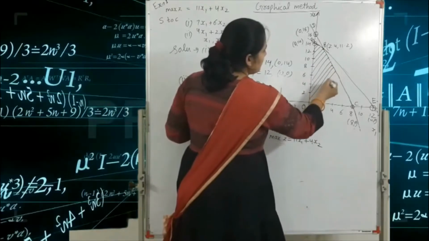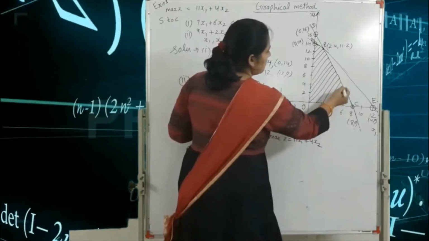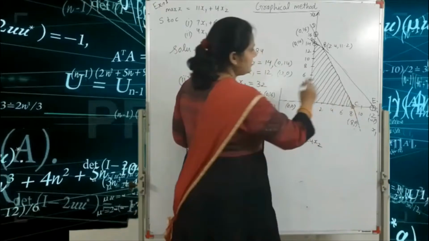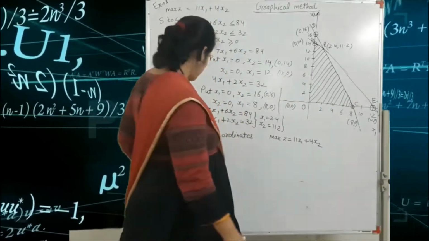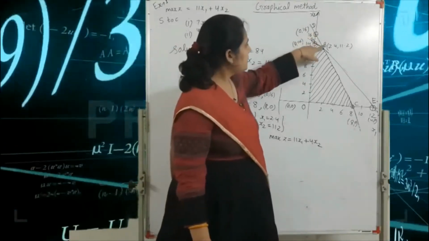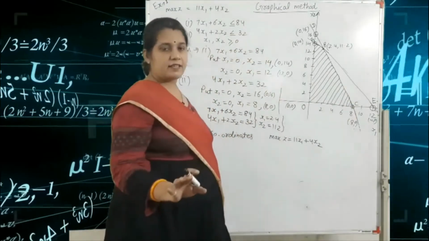So we mark the table. First we write the points: A, B, C, D and E. You write the E point also.